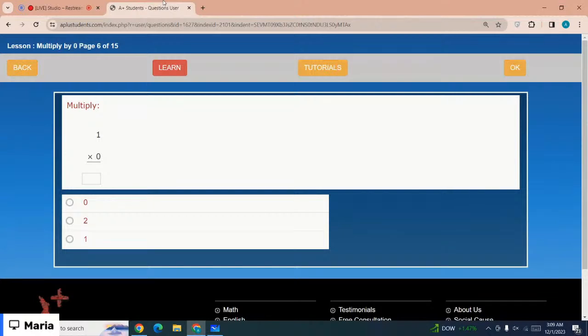1 times 0 equals, yes, the correct option is 0. 1 times 0 is 0, not 1.